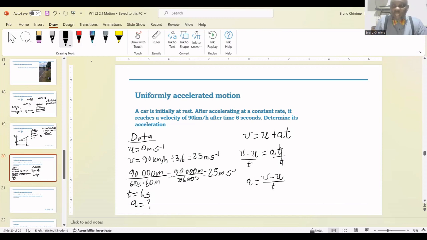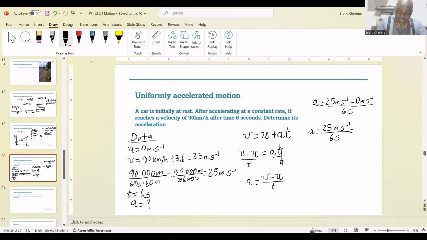So we have 25 divided by 6, and we see what happens to the units. 25 meters per second divided by 6 seconds. The second is being divided by a second, so you have meters per second per second, which is meters per second squared, which makes sense because acceleration is in meters per second squared.